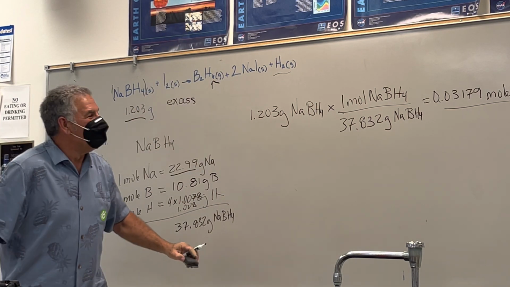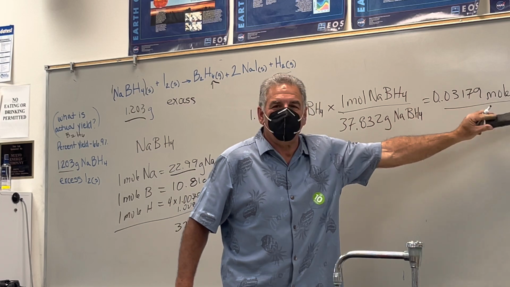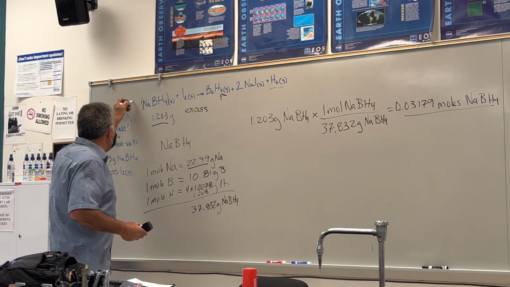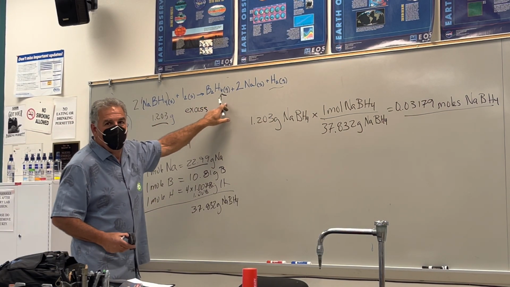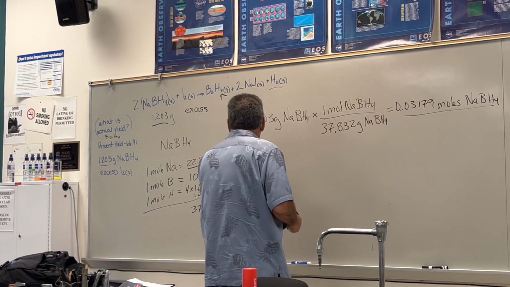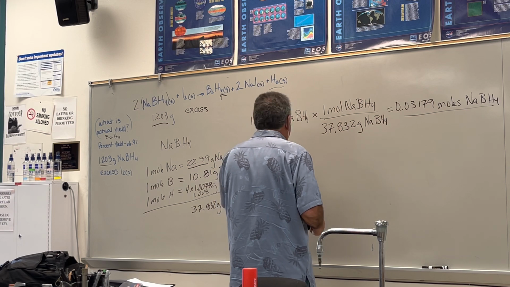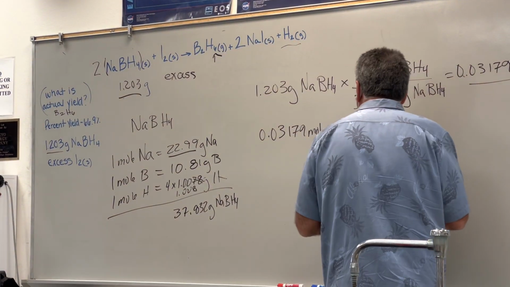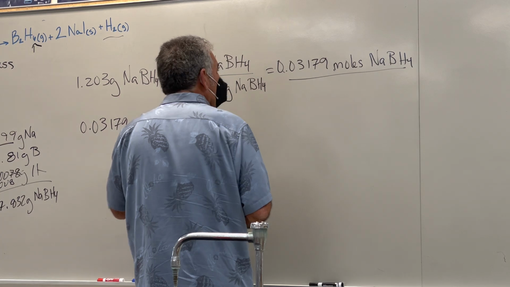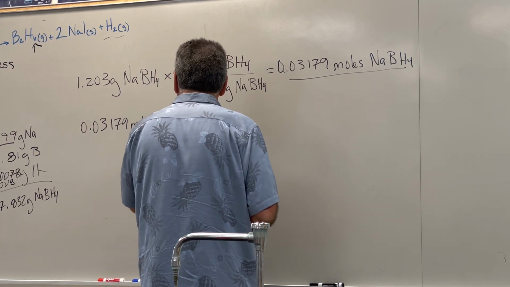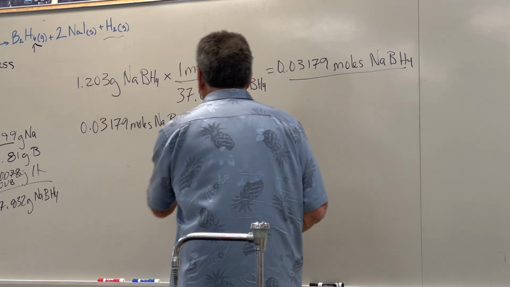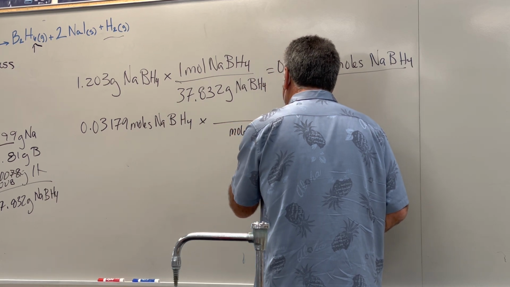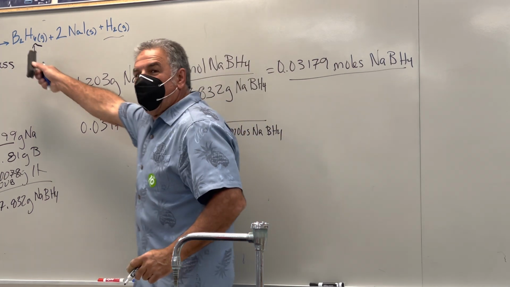Here we go. 0.03179 moles of sodium borohydride, if it were 1 to 1, but it's not. It takes 2 of these to make 1 of those. So our ratio becomes 0.03179 moles, and this is where we go from moles to moles. Where do we get that ratio? I don't expect you to know this yet, we're introducing the idea. We have moles of reactant, we want to get rid of it and go to the moles we're making.